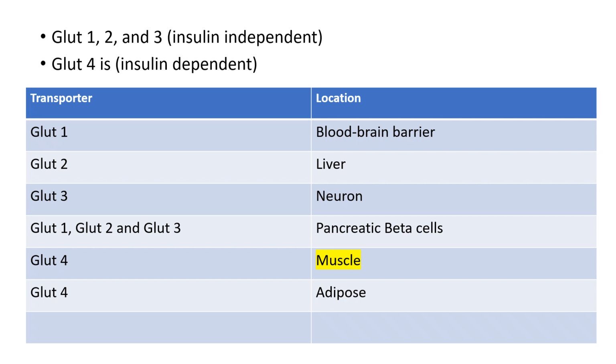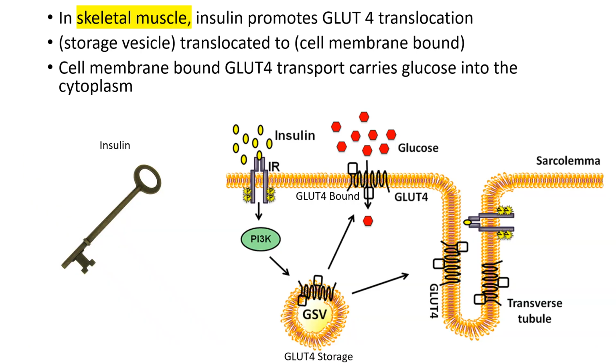The one that we're going to discuss extensively is GLUT4. It requires insulin. That is in the muscle. Let me quickly summarize how this works. Insulin must be present for GLUT4 to work. Insulin is a protein. Insulin is the key. It will bind to the insulin receptor.